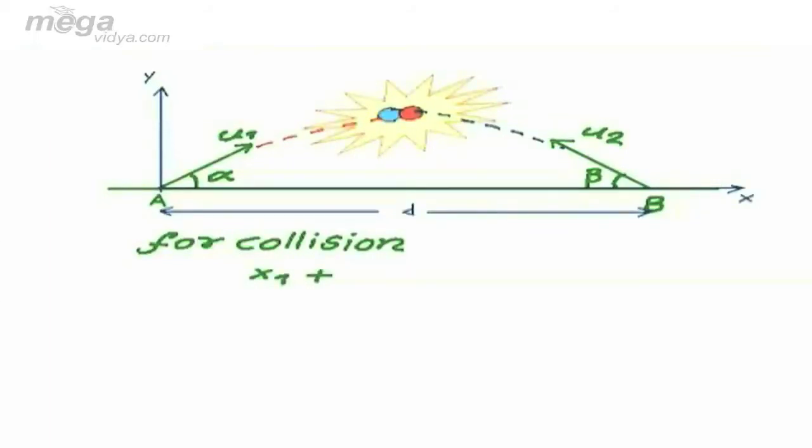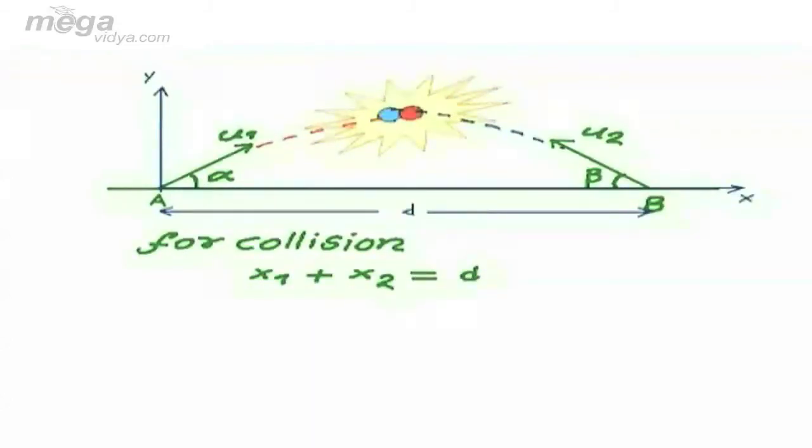If x1 is the x displacement of projectile 1 from its point of projection and x2 is the x position of projectile number 2 from its own point of projection, then x1 plus x2 must be equal to the initial distance between the two projectiles.